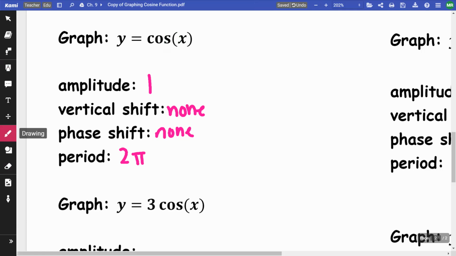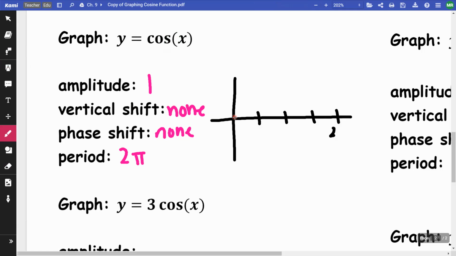So when I graph this, I am going to have 5 markings. My first one's going to be here on my y-axis. So that's 1, 2, 3, 4, 5. My period is 2 pi, so I'm going to go from 0 to 2 pi.